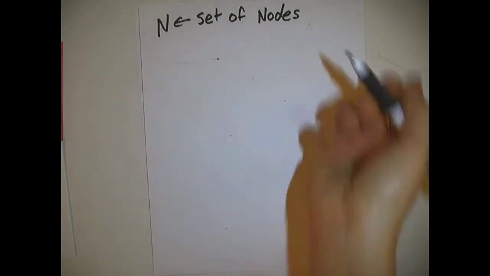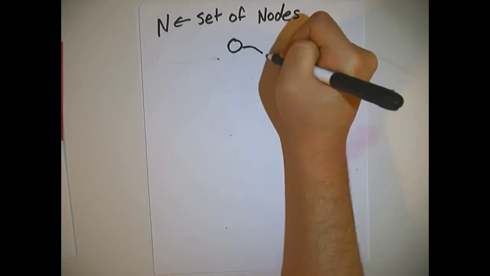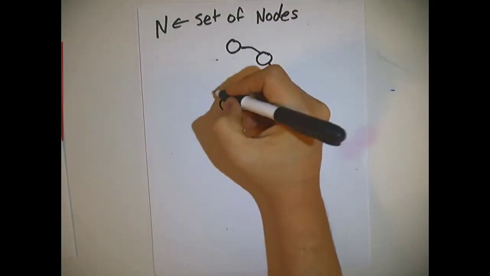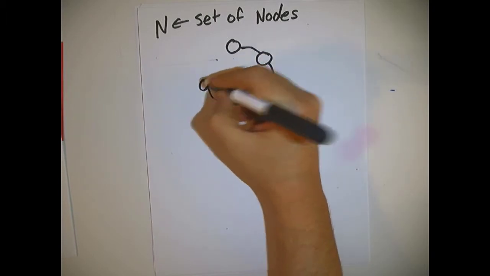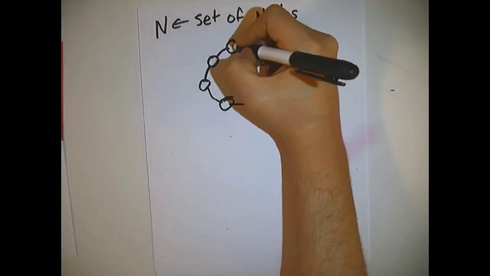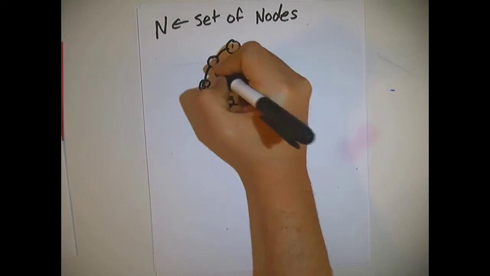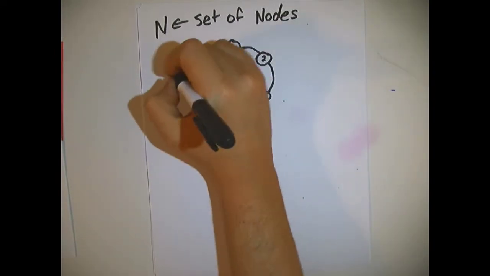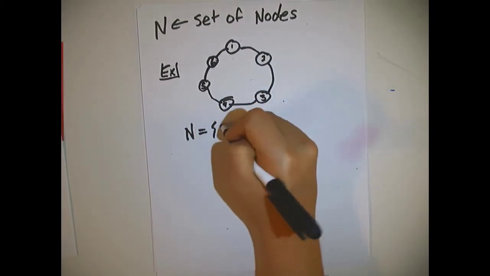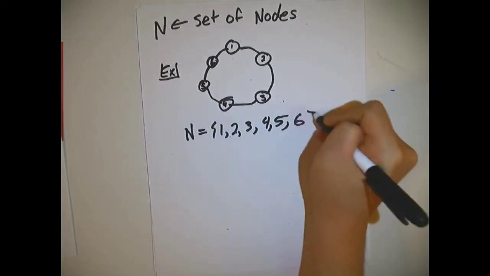In the case of our 6-bead necklace, the 6 nodes are the 6 places I'm going to put beads, and I'm going to label these 1, 2, 3, 4, 5, and 6. So in this example, our set N is the set 1, 2, 3, 4, 5, and 6.